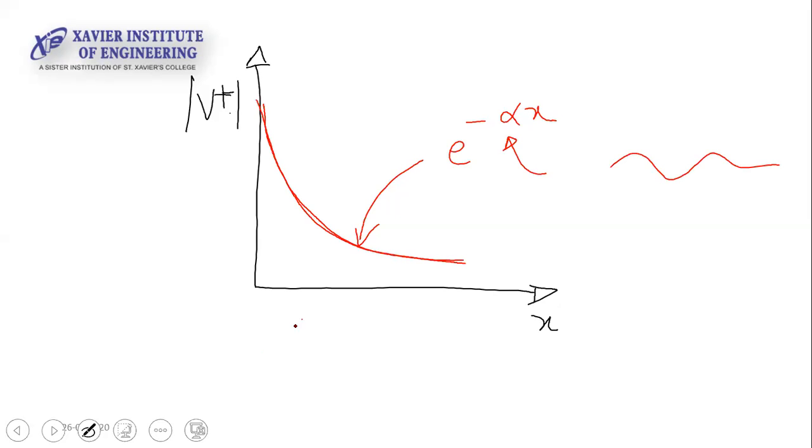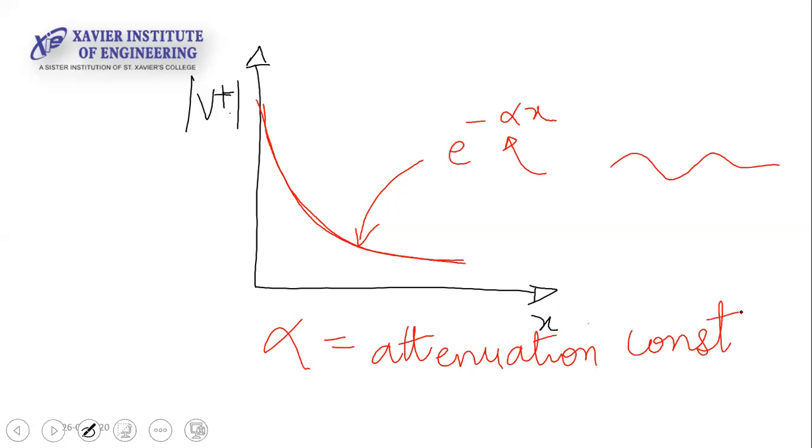That's why alpha is called the attenuation constant, which I'm sure you have studied in previous years, because it tells us how the wave attenuates in amplitude as it travels along the structure. Does anybody know the unit of alpha? Can any of you give me the unit of alpha?